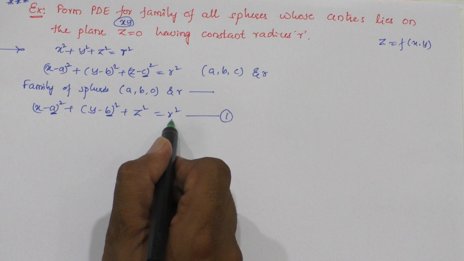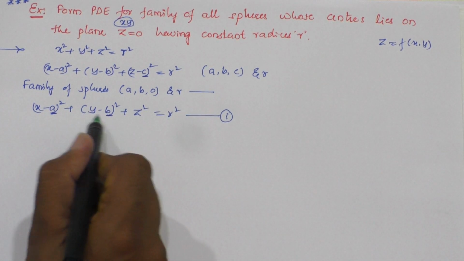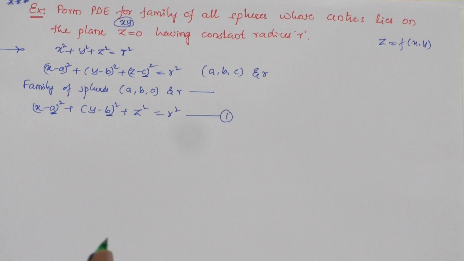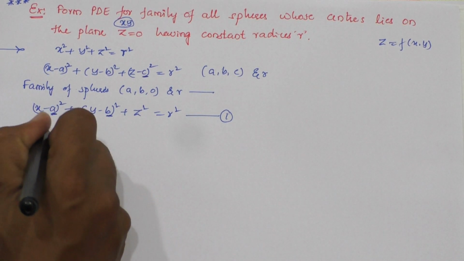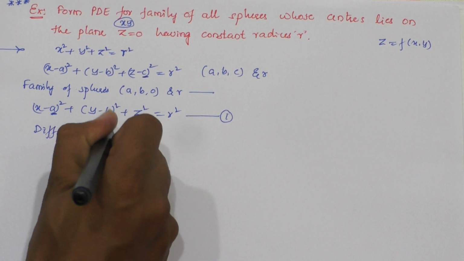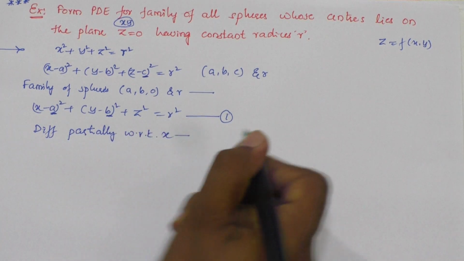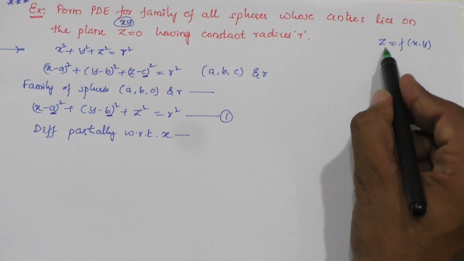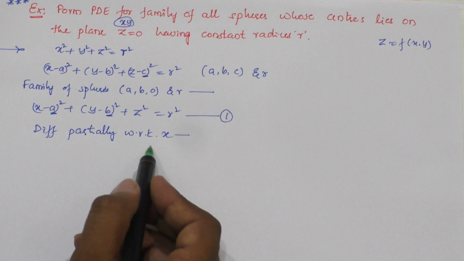So anyhow we need to eliminate the arbitrary constants a and b through partial differentiation. So whatever the given equation is, differentiate it partially with respect to x. Here z is a function of x, y, so we can differentiate with respect to x and with respect to y. So let us differentiate with respect to x.